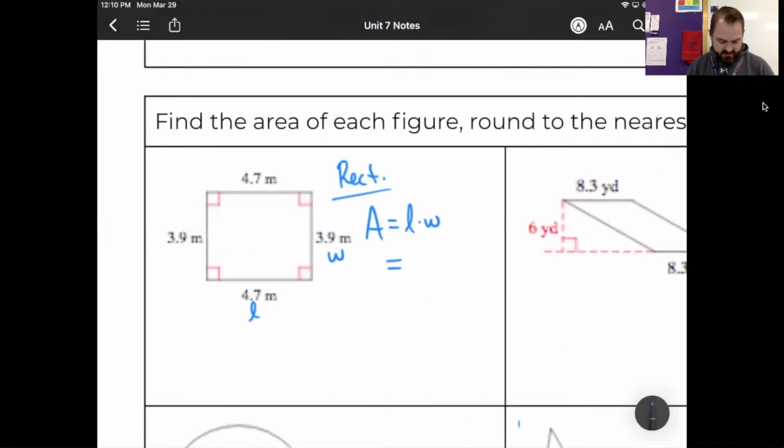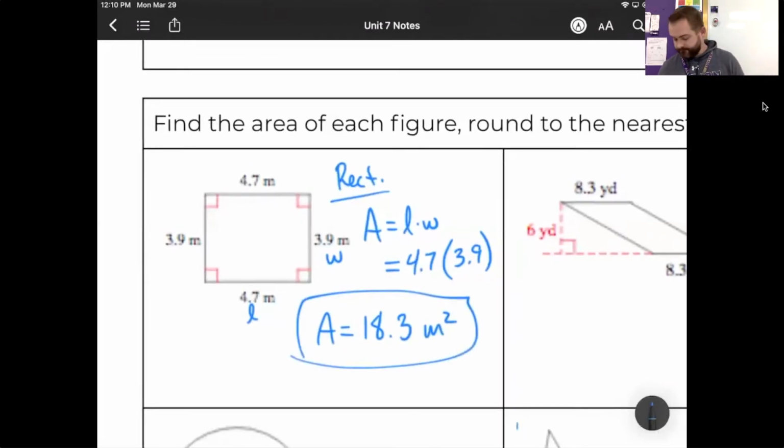And we're just going to multiply those then. 4.7 times 3.9. Okay, so when I multiply those, I get 18.33. The directions above do say to round to the nearest tenth, so we'll just say the area is about 18.3, and then our unit of measure would be square meters.